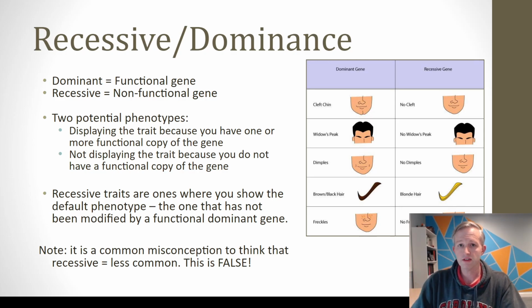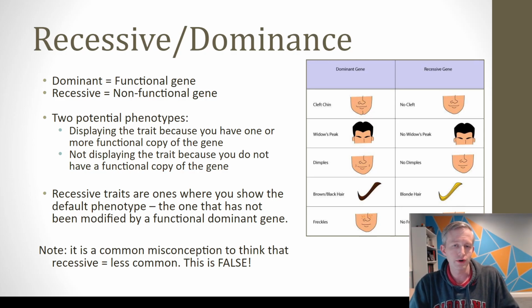If you are recessive for that trait, you just don't have a gene that codes for a protein that makes you have a cleft chin. You have a non-functional protein, and so your chin is just whatever it already was. And if we look at any dominant recessive alleles, that's what we find, is that the dominant one is producing an effect and the recessive one is just failing to produce that effect.